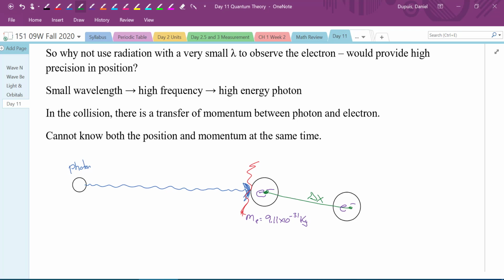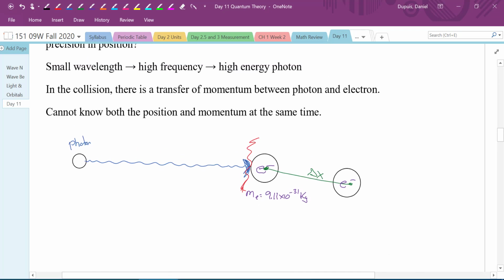So what happens is that the change in this position times the change in the momentum, which would be m, the mass doesn't change, but the velocity can, delta v, is going to be greater than or equal to h over 4 pi.